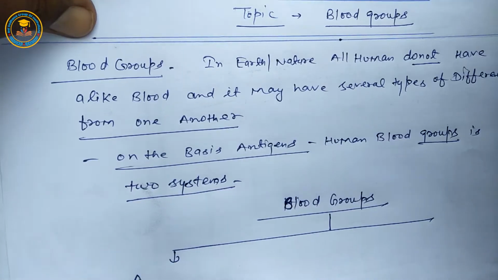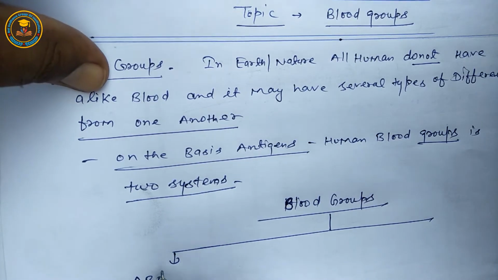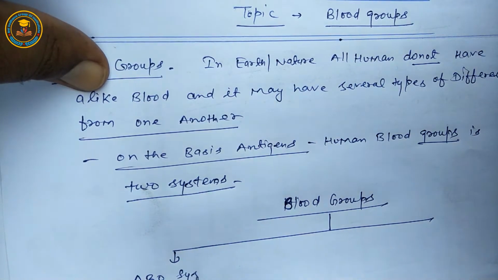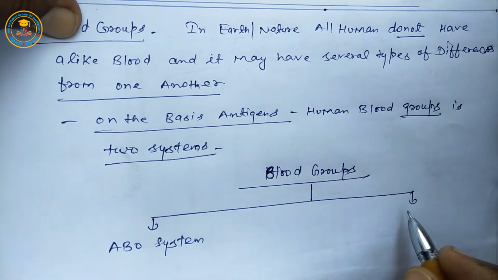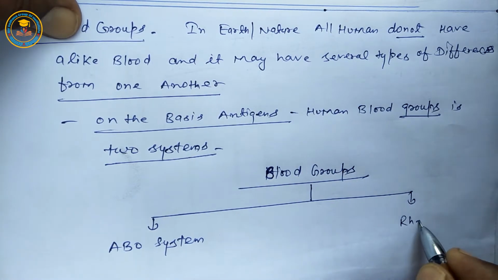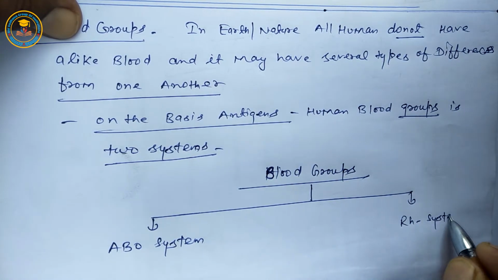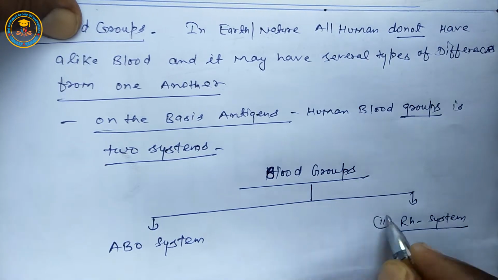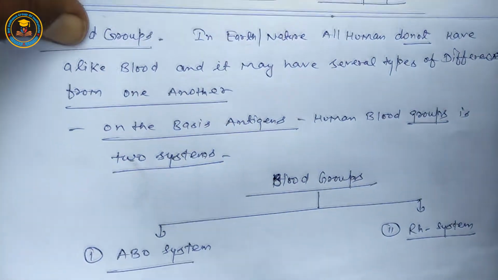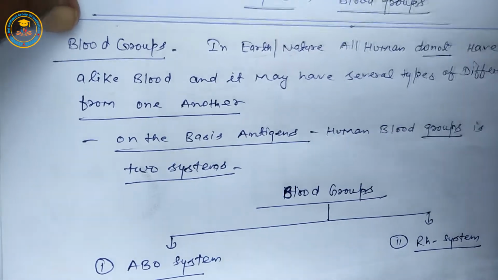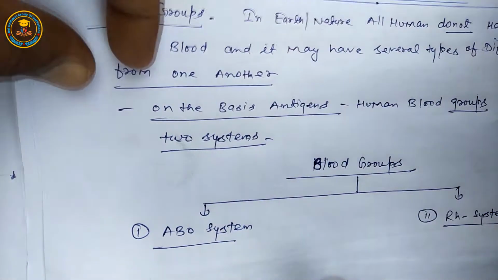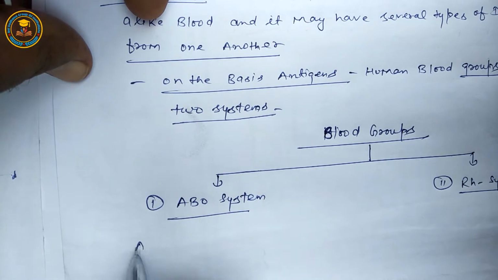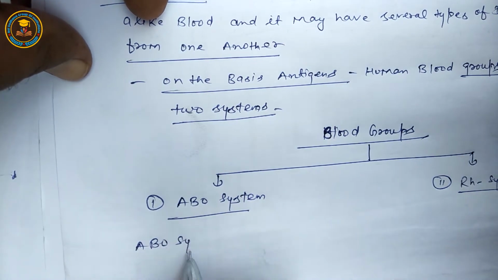First is the ABO system, second is the RH system. Once again, humans have two blood group systems: first ABO, second RH system. First of all, the ABO system.